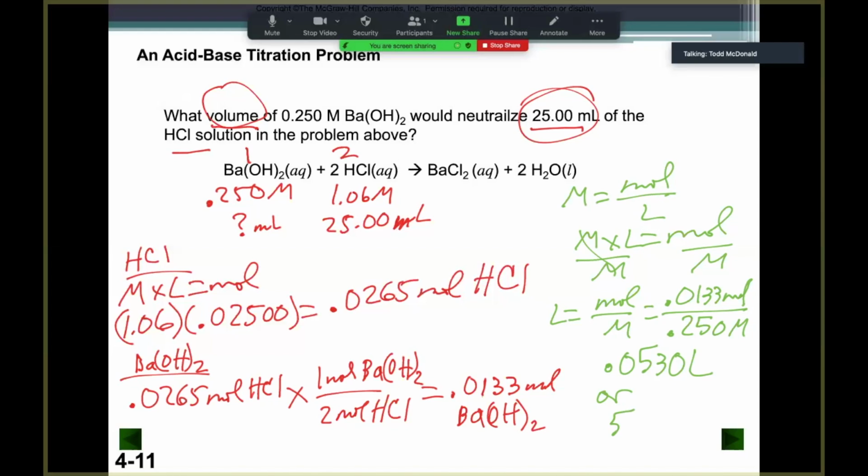I think I multiplied by the wrong thing. 0.0530 times 1,000, you get 53.0 milliliters. That's how many milliliters I'm going to need to neutralize that acid. There you go.